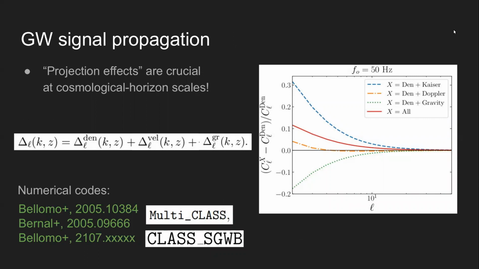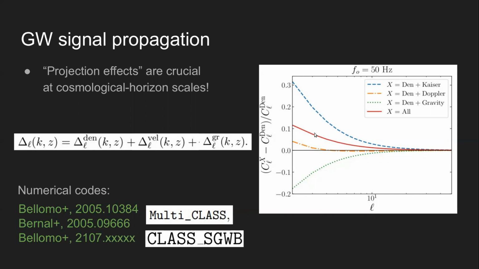You can see this in this plot, in which we compare the signal obtained including these projection effects with the signal you would have including only this bias term. At the scales we are interested in for this analysis, these projection effects can be as large as 20 to 30%.